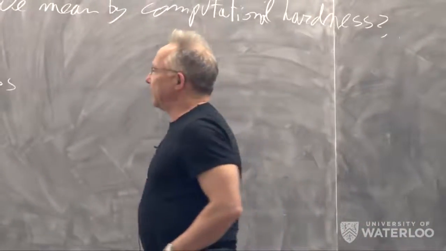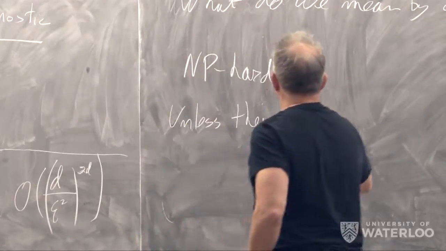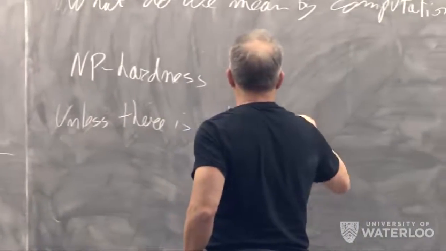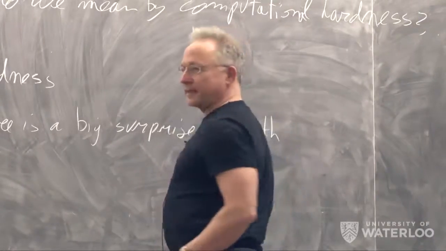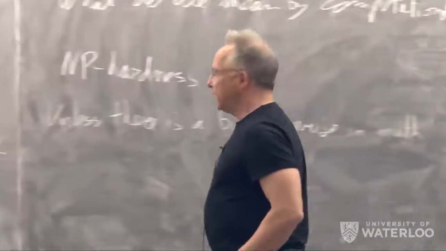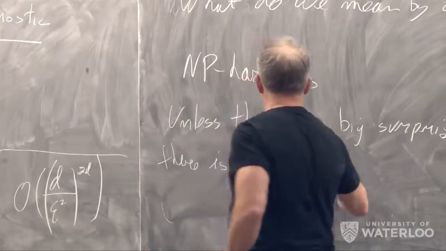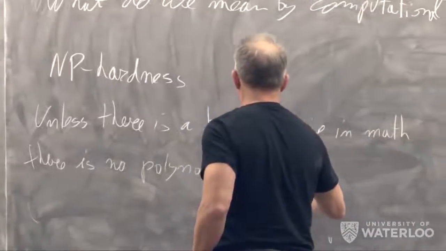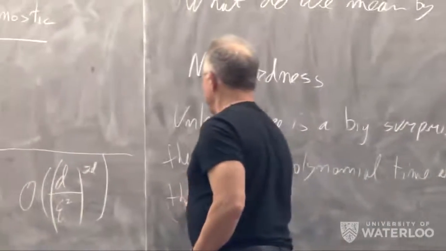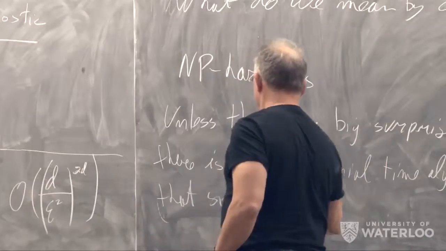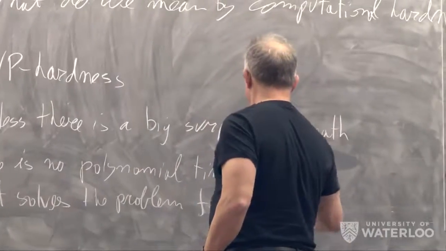It tells us that unless there is a big surprise in math or in science and computer science, there is no polynomial time algorithm that solves the problem for all inputs.